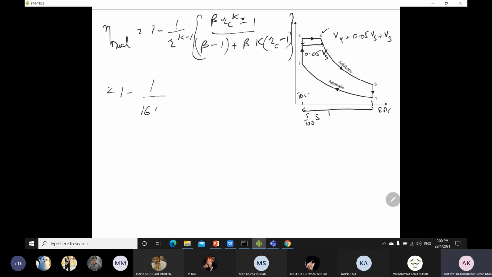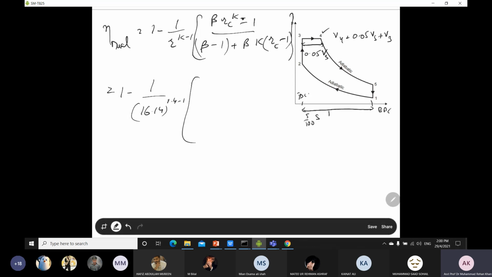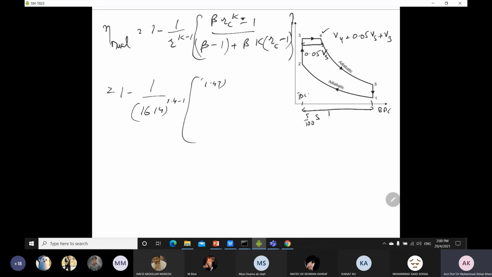So the R value is 16.14 and this is to the power 1.4 minus 1. The beta value we have found is 1.47, so 1.47. The RC value is 1.76 to the power 1.4 minus 1.